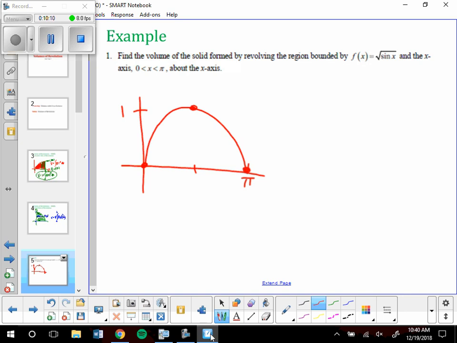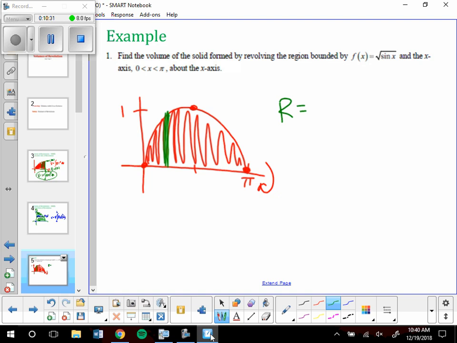So this is the area that I have. And I always draw an arrow. I'm rotating it around which axis? X-axis. So my radius is going to look like that. How would I describe the height of that radius, the value of that radius?